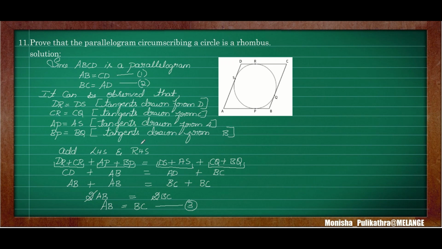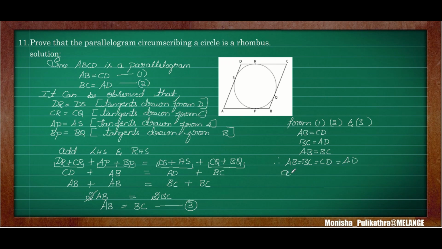So from 1, 2 and 3, what do we obtain? Here AB is equal to CD, BC is equal to AD and AB is equal to BC. So all sides are equal. Therefore AB will be equal to BC, BC will be equal to CD, CD will be equal to AD.